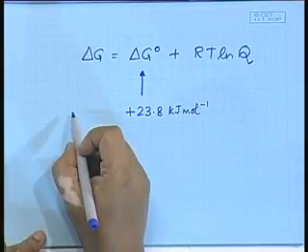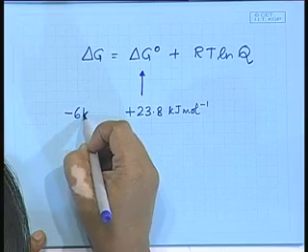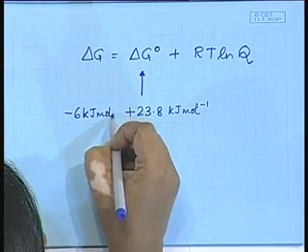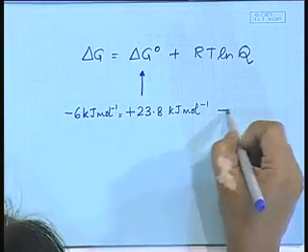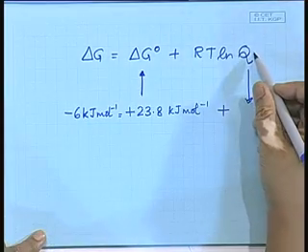This value is minus 6 kilojoules per mole. So, where is the regulation coming from? It has to come from Q, right?